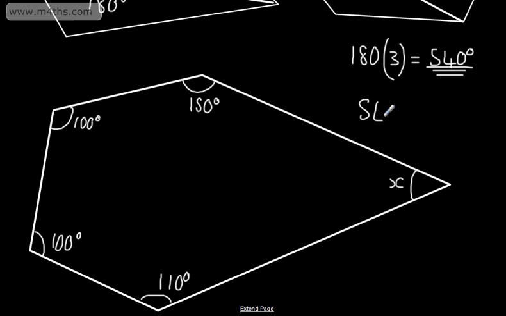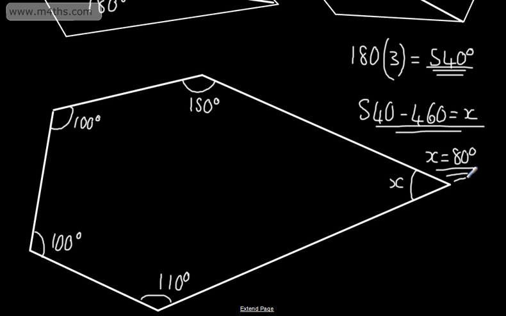So we can say 540 minus 460 will give us the value of X. So that's all I need to do to find that. As we can see from that, X is going to be equal to 80 degrees. So we're using the angle fact that the sum of the interior angles gives us 540 degrees.